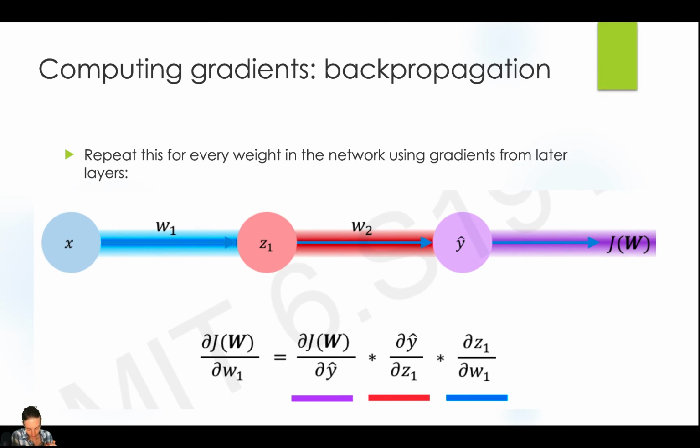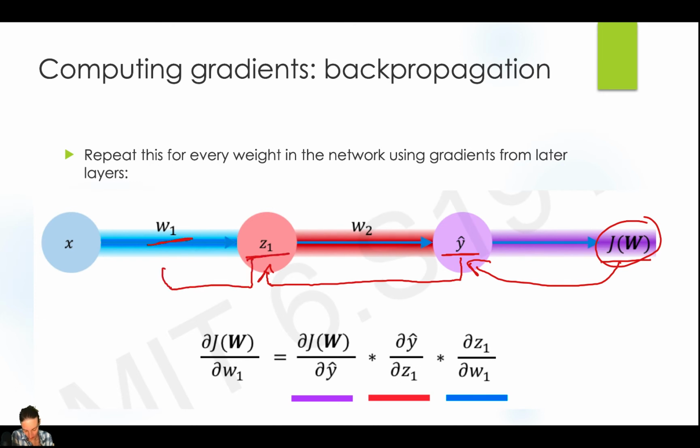So if we're still calculating the change in J(w) given a change in w1, we first, as we said before, calculate the change in J(w) given a change in y hat. Then we multiply that by a change in y hat given a change in z1. Again we use this chain rule. And then we calculate a change in z1 given a change in weight 1.